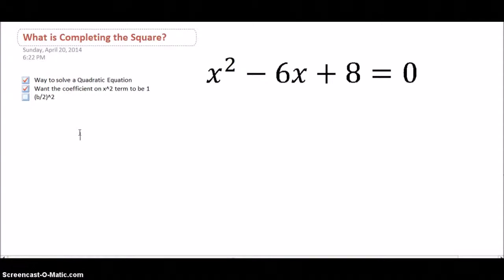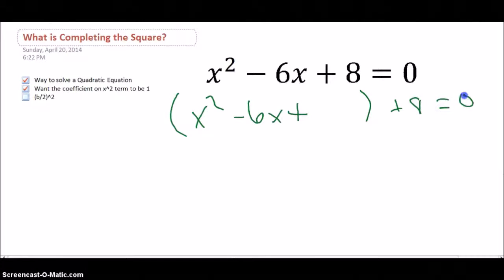So now we're going to start our procedure. First we're going to put down some parentheses. That's going to be x squared minus 6x plus, leave a little space, plus 8 equals 0. Now this is where we're going to complete the square.